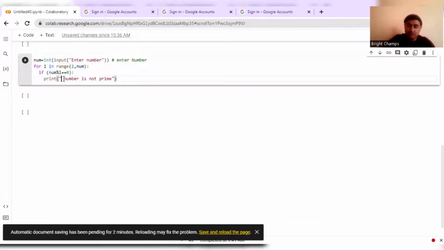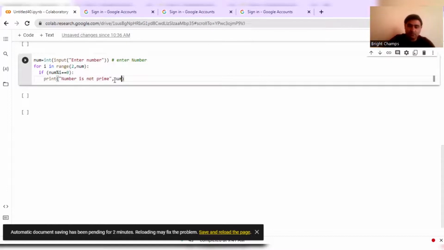See, if it is divided by any number i and the remainder is 0, then it's not a prime number, because a prime number has only two factors. It is divided by 1 or itself. So I conclude here and print a non-prime number.